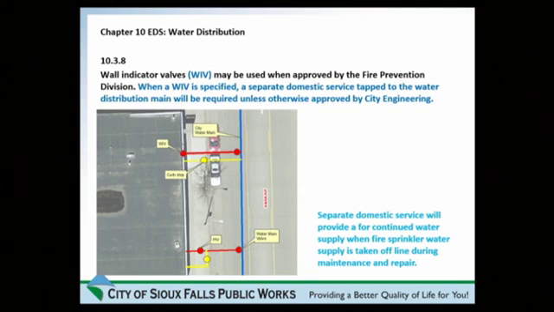So what we'd like to do is, if a contractor or an engineer or a developer proposes a wall indicator valve, we would like for the domestic service to come directly off the main line. So that means that the fire sprinkler contractor can go out to the street, shut off the main, and he doesn't have to worry about taking the building out of domestic service.